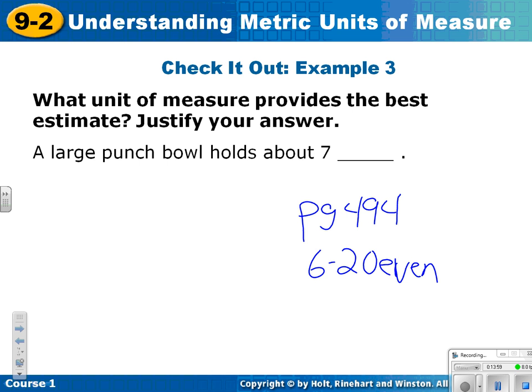You have to answer with something that says grams or liters or meters, those kinds of things. There's also a few problems there where you actually have to measure. You have to use a ruler. I have rulers here if you need to use one. No. There's centimeters on it. All right.